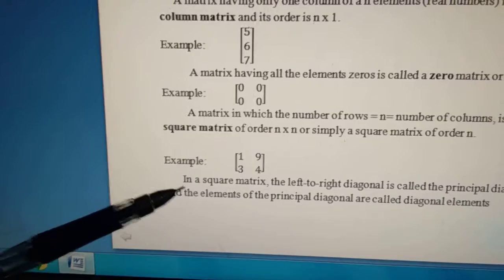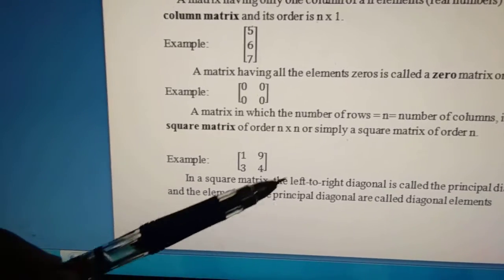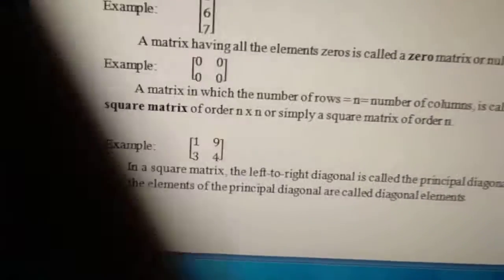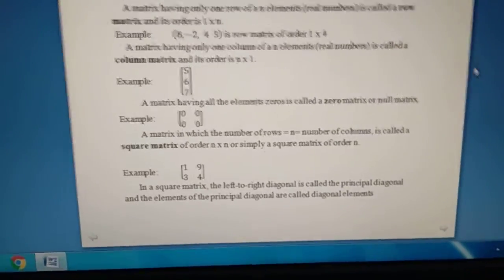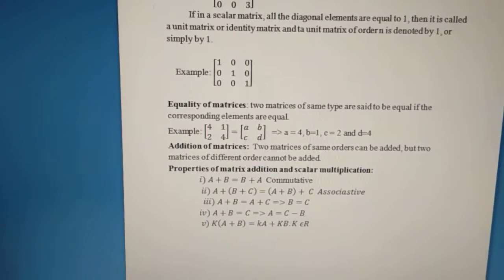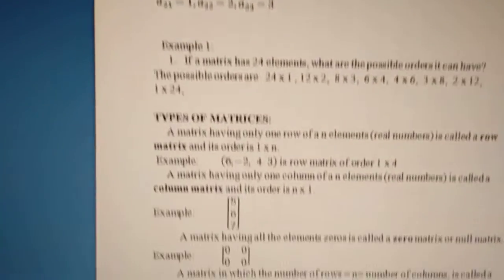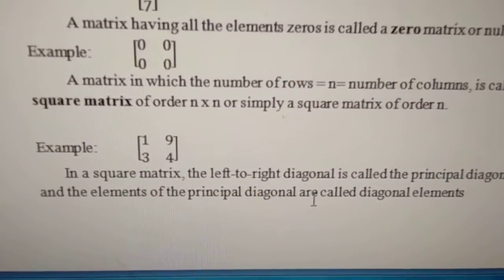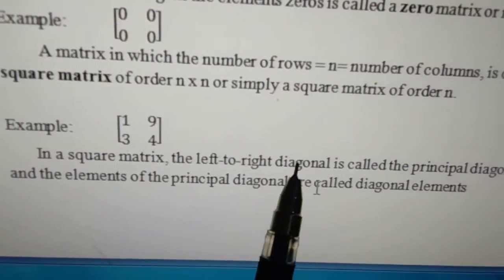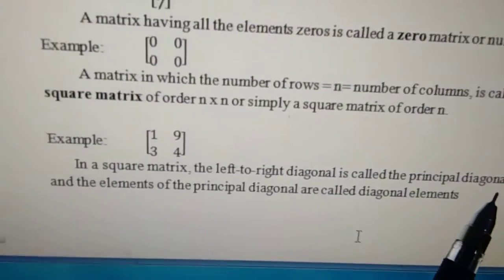So in a square matrix, the left to right diagonal is called a principal diagonal. I will show you what the principal diagonal is, the left to the right here. Just I will show you like this. So the diagonal in a square matrix, the left to right diagonal, is called the principal diagonal.